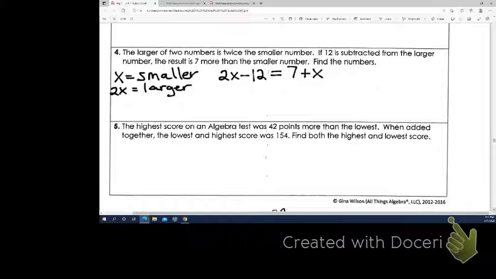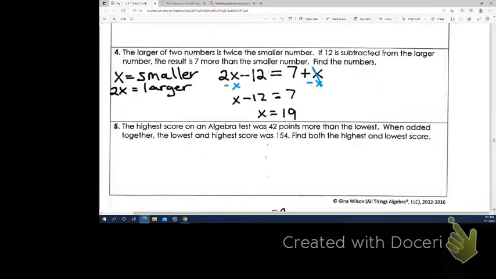So this time, remember, we have to treat things differently when that variable's on the other side, so we need to move the variable. So I'm going to take away 1x. So I'm just left with x minus 12 is 7. And then I just need to add 12 to come up with x is 19.